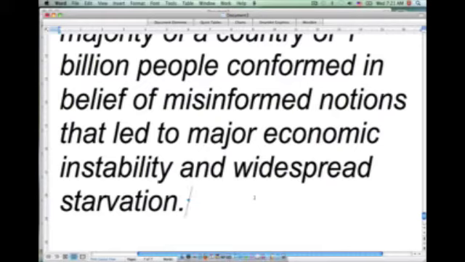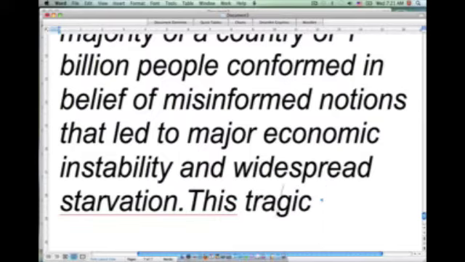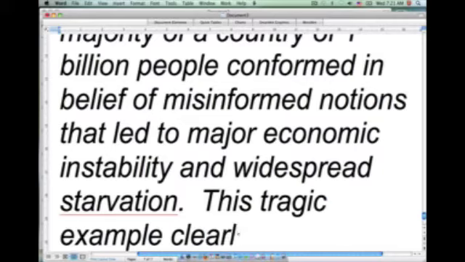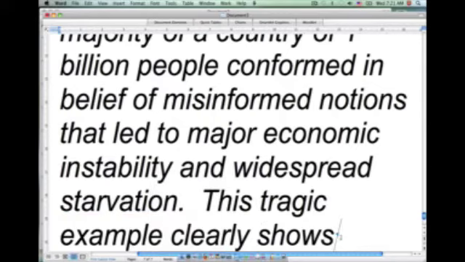Okay, so now we just want to show how this example links to the topic sentence. So let's say this tragic example clearly shows, I'm being told this is a spelling mistake, my computer has some kind of error.